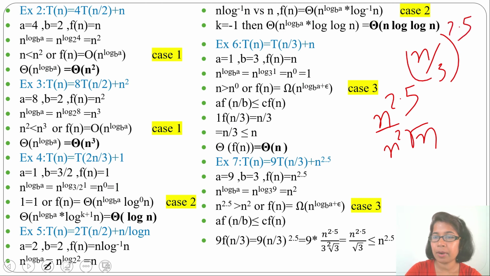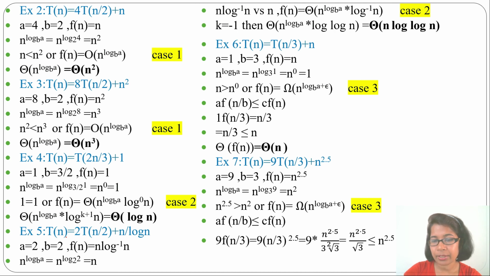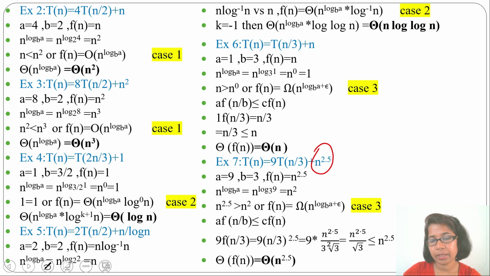It will be n power 2.5 over 3 power 2.5, which we can write as 3 square multiplied by root 3. Now this 9 and 3 square will cancel, as 3 square is 9. We get n power 2.5 divided by root 3, and obviously this value is less than n power 2.5. So this also satisfies, and the running time will be theta of Fn, which is theta of n power 2.5.